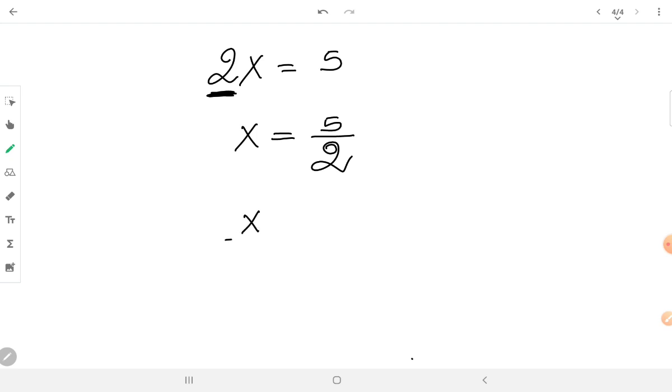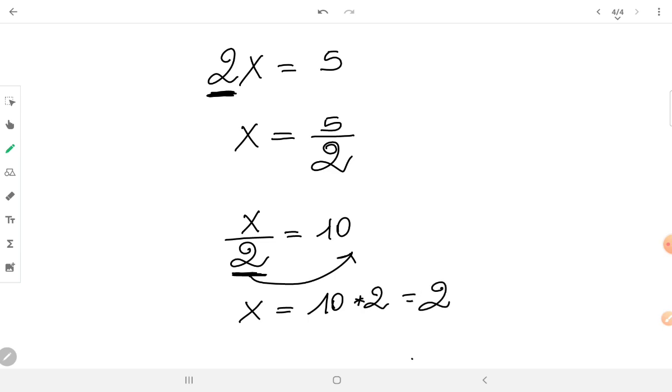If a term divides all the first member, it can pass to the second member, multiplying all the second member. The factor 2 that is dividing in the first member passes multiplying the number 10, and we obtain x equal to 10 times 2, that means 20.